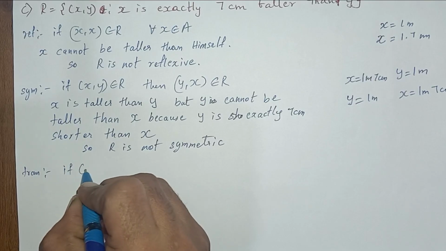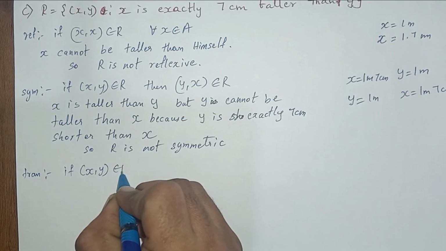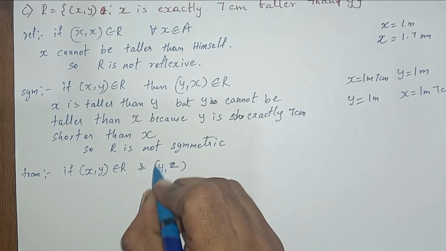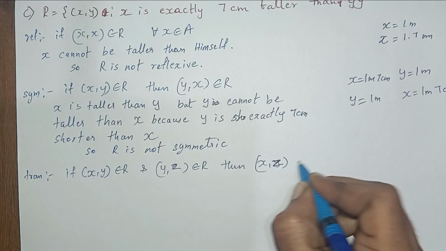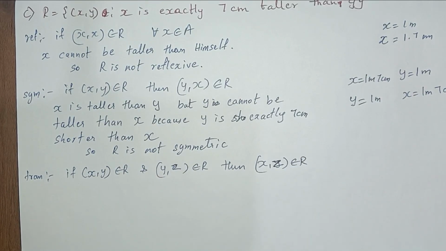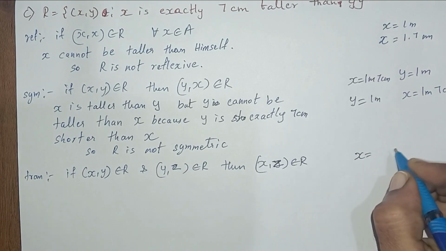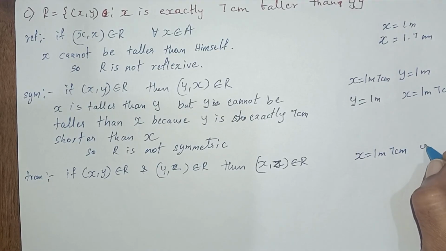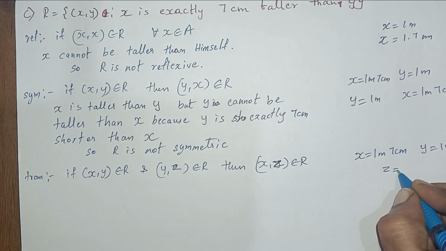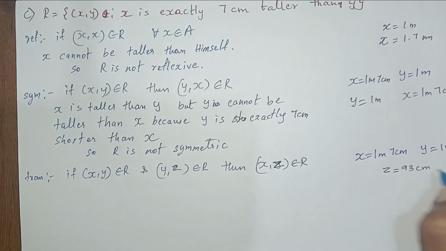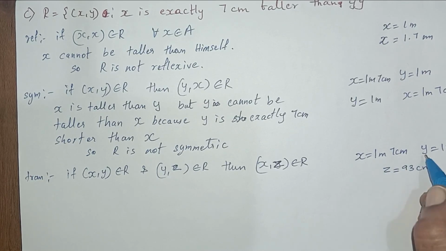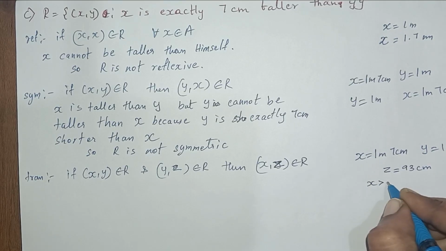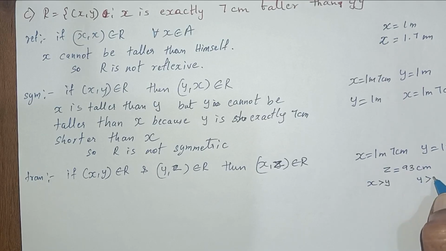Transitive says if (x, y) belongs to R and (y, z) belongs to R, then (x, z) should also belong to R. So if we take x as 1 meter 7 centimeters, y as 1 meter, and z as 93 centimeters, then x is 7 centimeters taller than y and y is 7 centimeters taller than z.